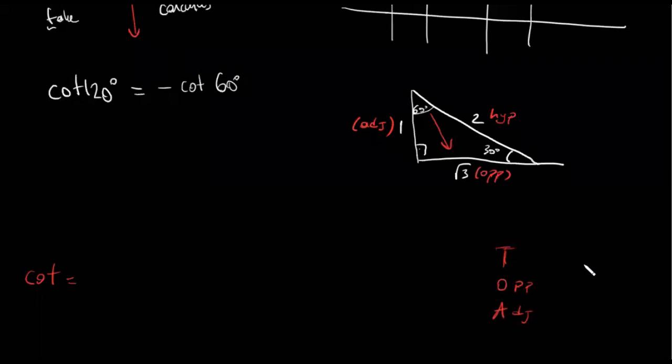So the cotangent will be, just take the reciprocal, adjacent over opposite. So cotangent of 60 will be, what is adjacent? Adjacent is 1. What is opposite? Root 3. So 1 over root 3.